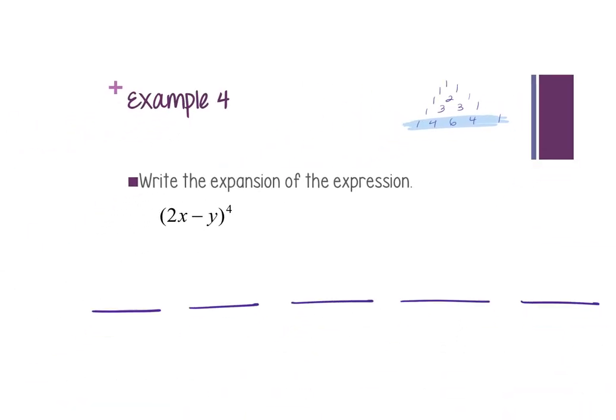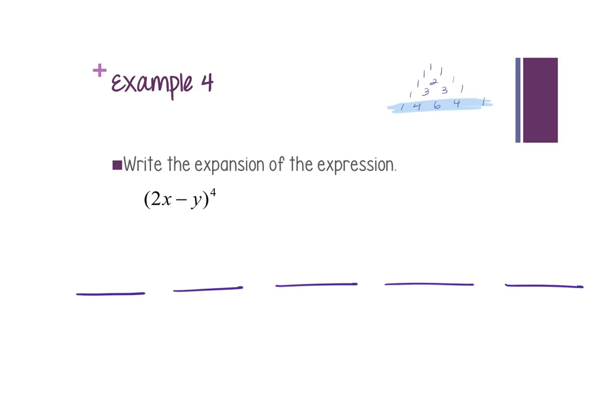So it's 1, 1, 1, 1, 2, 1, 1, 3, 3, 1, 1, 4, 6, 4, 1. What's the exponent on my question? 4. So this is the row I stop at. 1, 4. So the coefficients are 1, 4, 6, 4, 1.